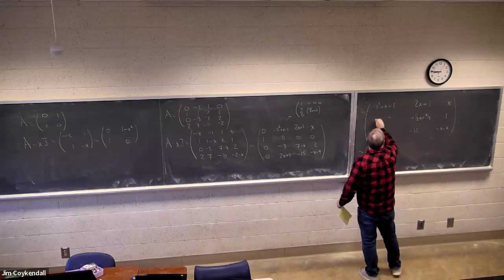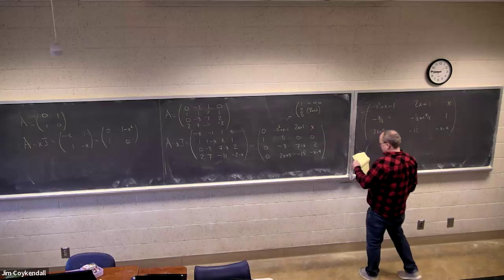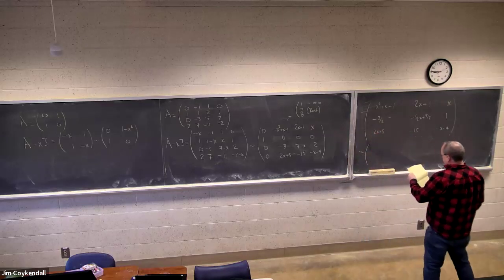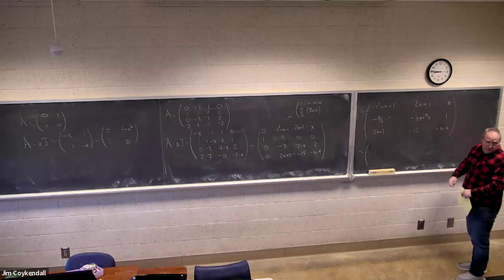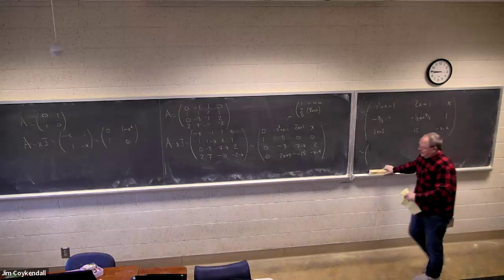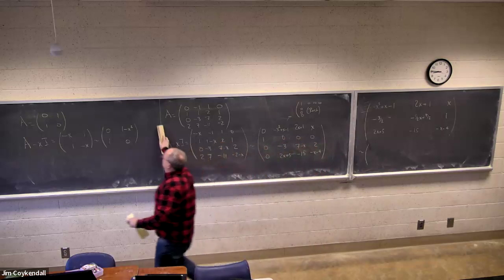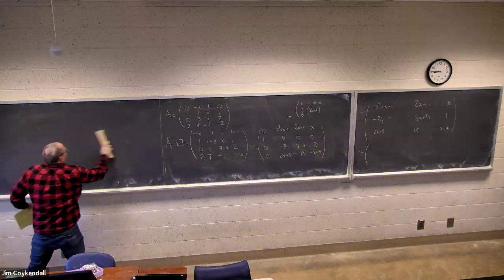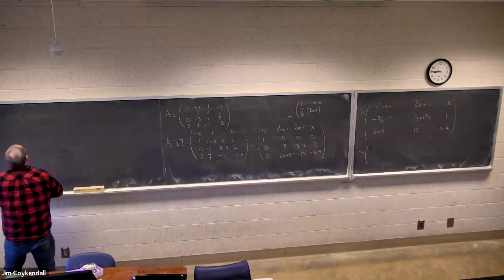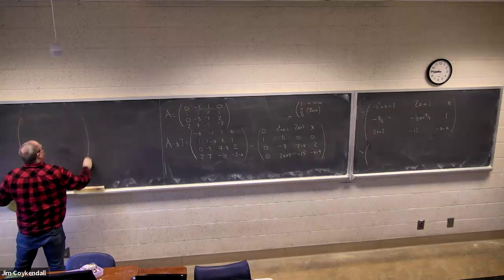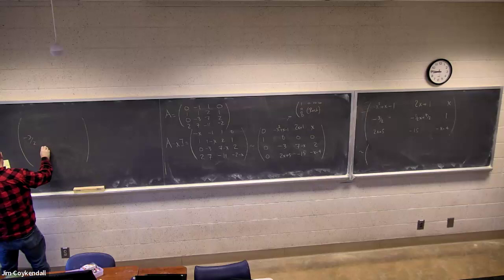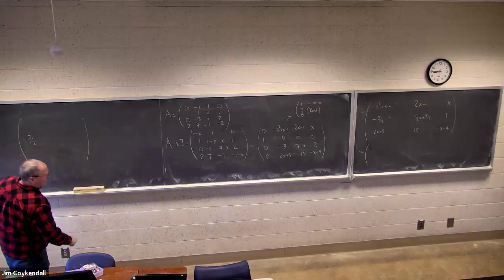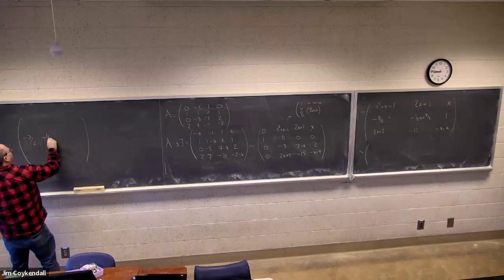And I'm going to use this one to take out stuff above and below it. So my middle row is going to be the same. It's going to be minus 3 halves, 1 half, minus 1 half x, isn't it? 7 halves.